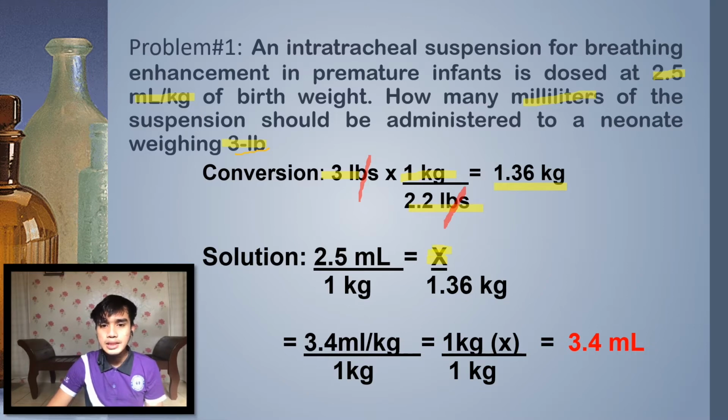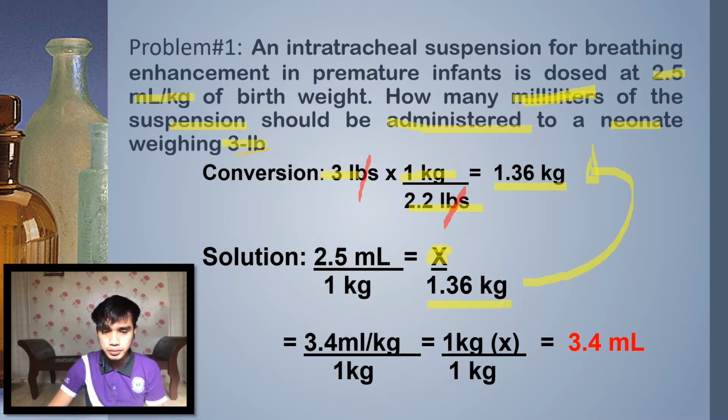We are tasked to find how many milliliters of suspension we need to administer to a neonate weighing 3 pounds. That's why we put x here, given that the weight of the child is 1.36 kilogram, which we solved earlier. So just substitute.